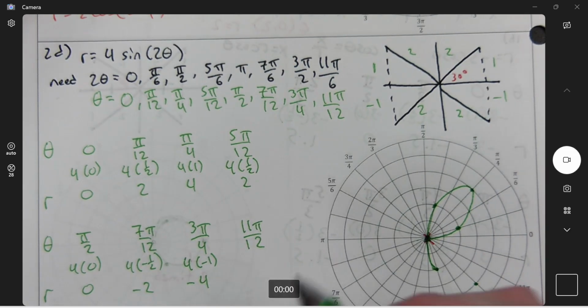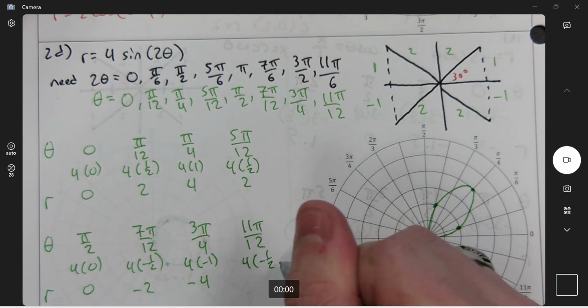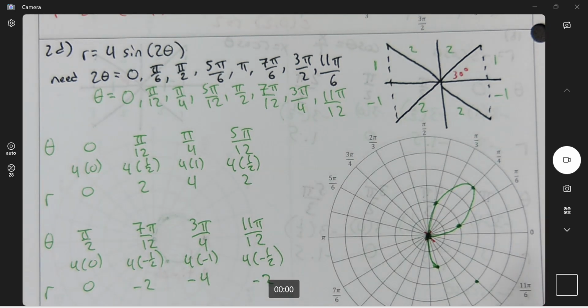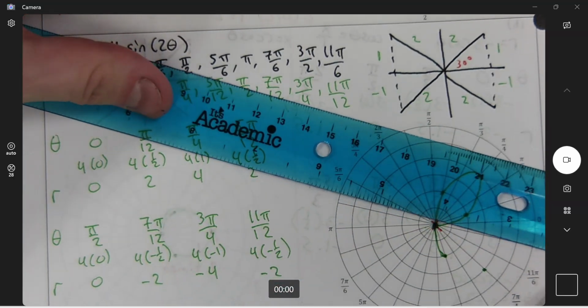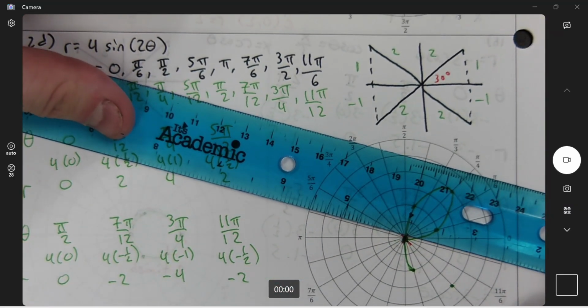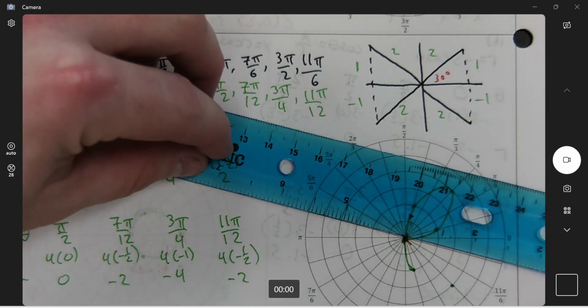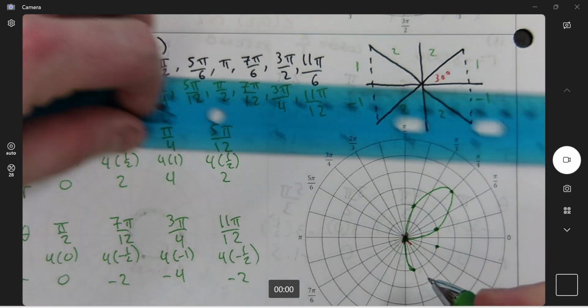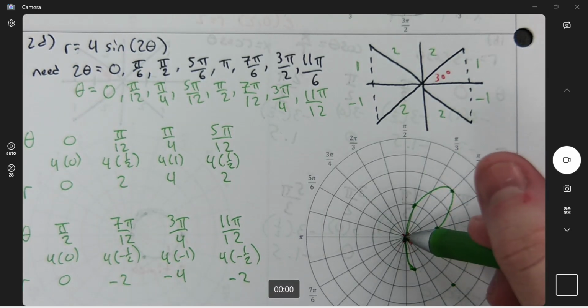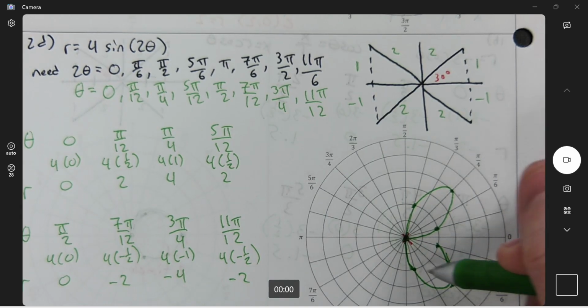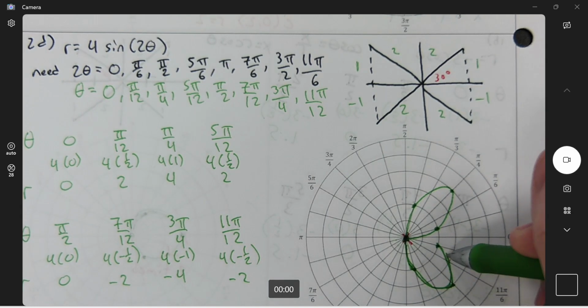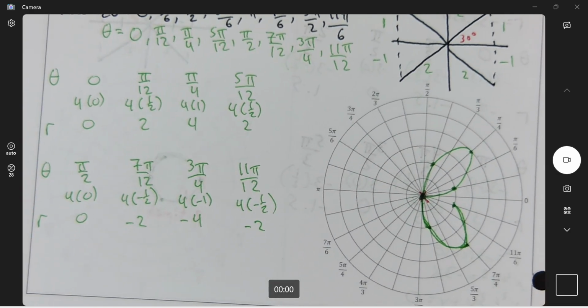Evaluate here, negative 1/2. 4 times negative 1/2 gets me negative 2. 11 pi over 12 is this one right here, because this is 12 pi over 12. So we go here, and we have a negative radius. So again, reflect across the other side onto the second ring right there. And here's what happened. Oops, I missed my dot. There we go.